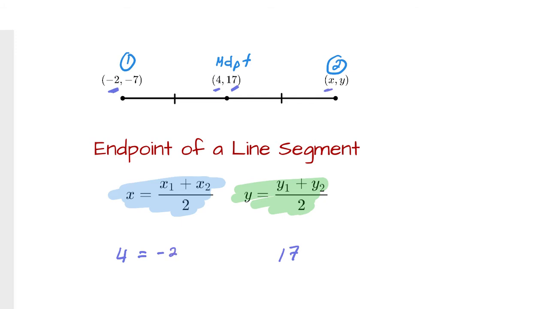I have no idea what it is. I no longer need the subscripts, so I'm just going to put x and divide that by 2. On the y side, I know the y coordinate is -7. No idea what the other one is. Again, I'm going to lose the subscript. I no longer need to distinguish, and divide by 2.